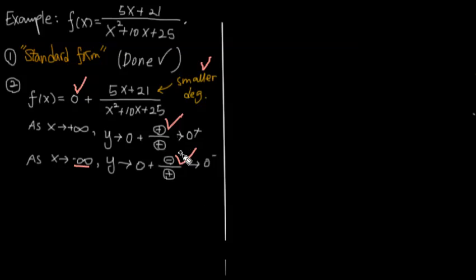This approaches 0, but remains a negative number. So 0 plus a negative number is slightly less than 0. That's why you see 0 with a superscript negative. So to the right, it's approaching from above. To the left, it's approaching from below. And the horizontal asymptote is y equals 0.